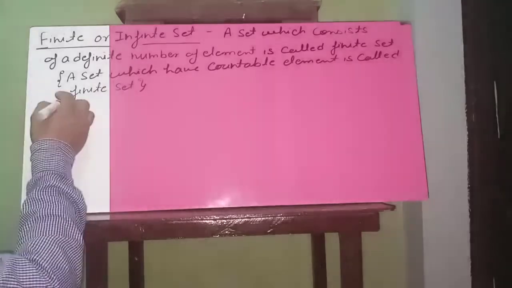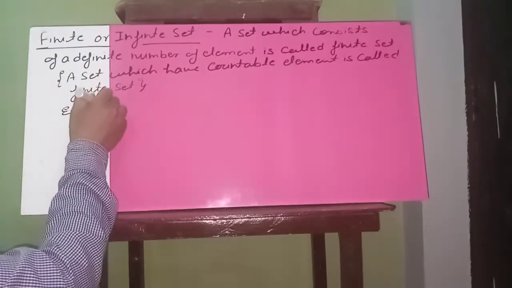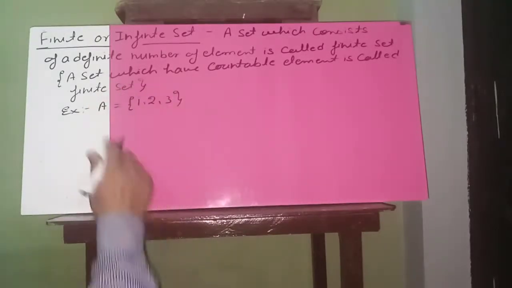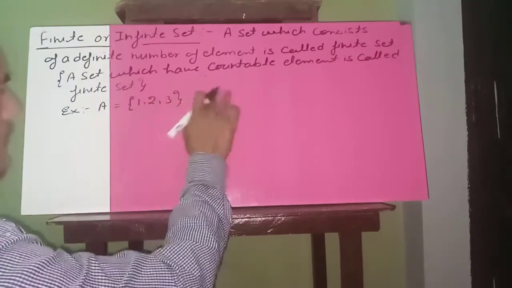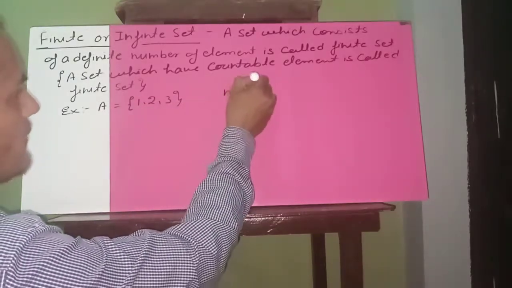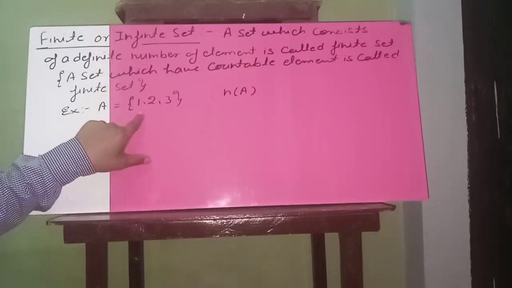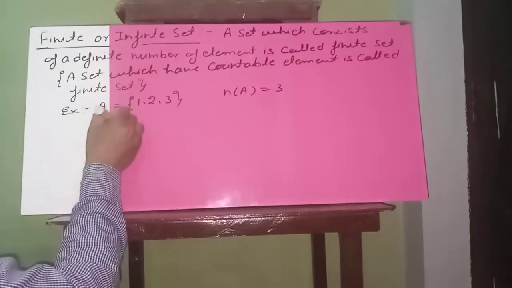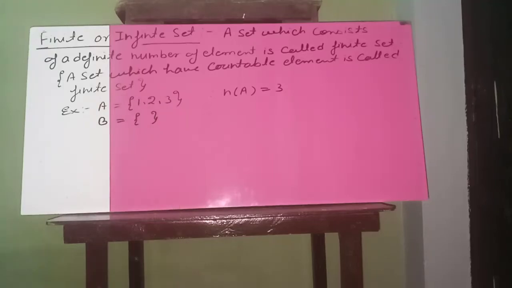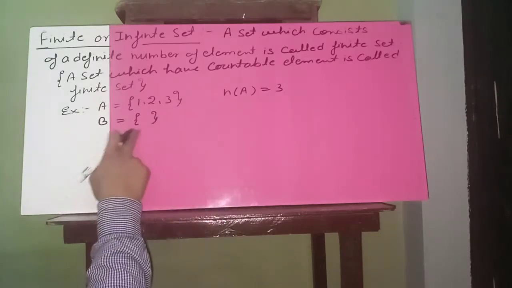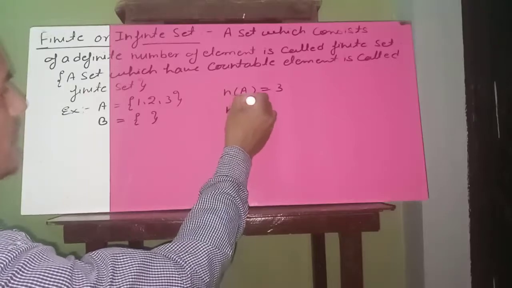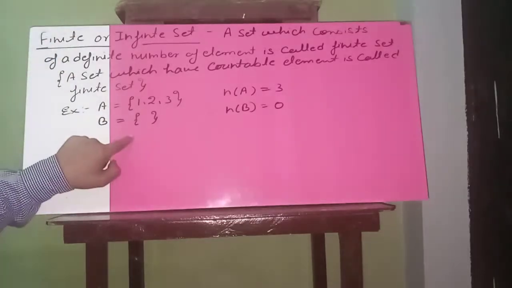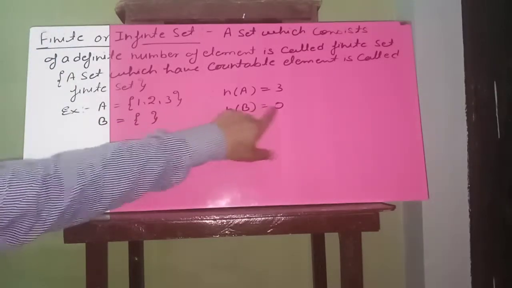For example, a finite set is the set A equal to {1, 2, 3}. That is a finite set because the number of elements in set A is 3. I have a set B that is the empty set. Count the number of elements in set B: it is 0. So the empty set is also a finite set, because its number of elements is 0.